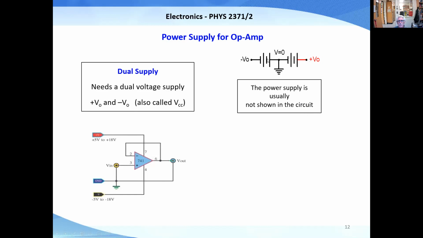You have to power it, but you don't put the power supply in your circuit diagram. You assume it's there because they all have it. It just makes things more complicated if you have to say each time that you're putting in some voltage sources.